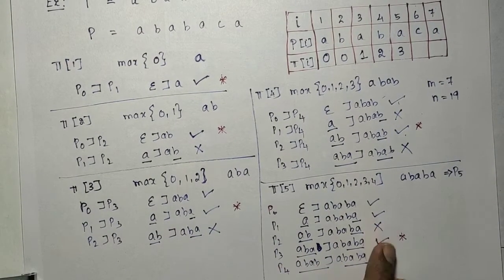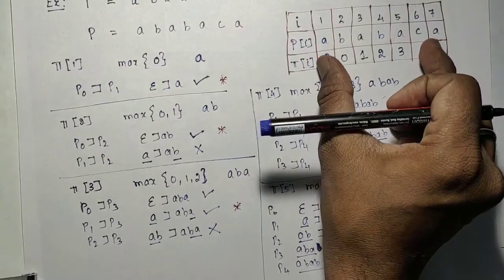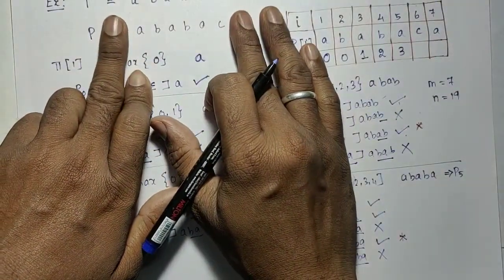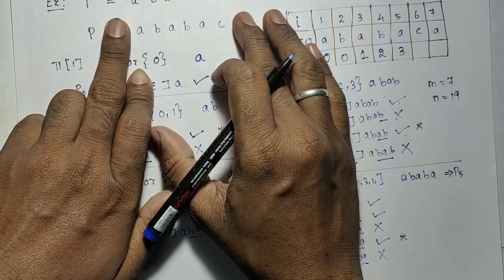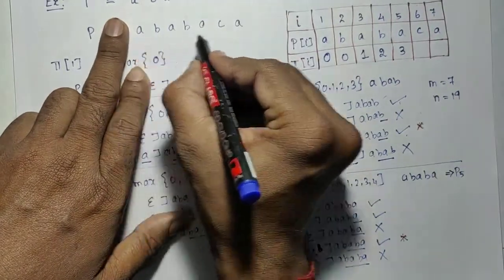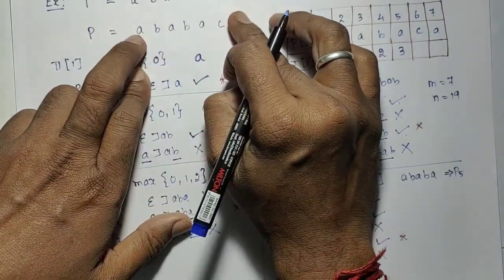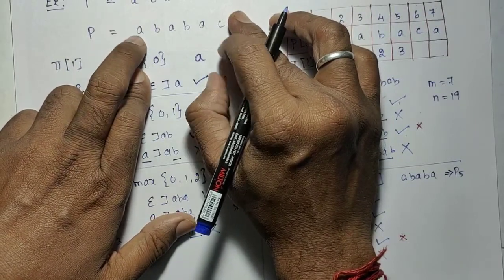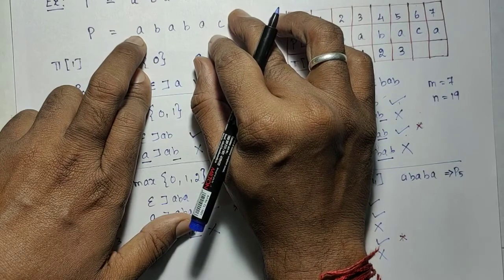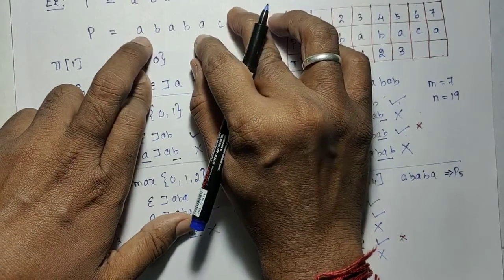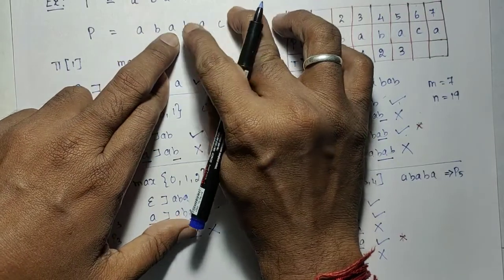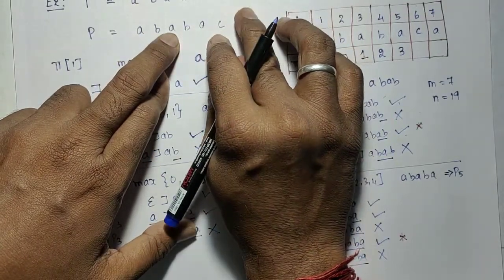Similarly, if you trace this algorithm for the first 6 characters, by looking at the string itself we can check. Only consider the first 6 characters. You take epsilon, and then A: first one character, last one character, not equal. First two characters, last two characters, not equal. First three and last three, not equal.